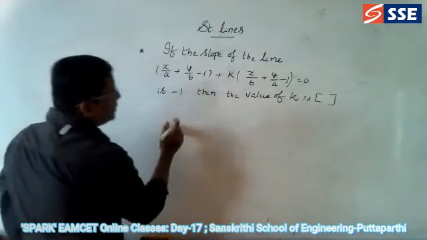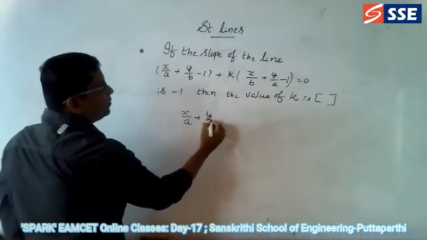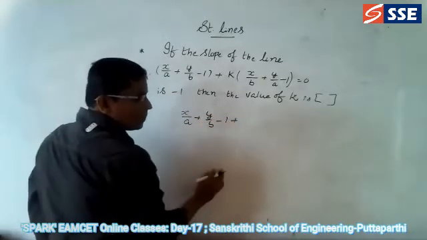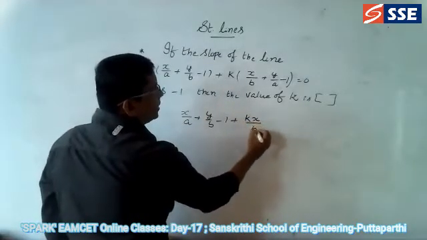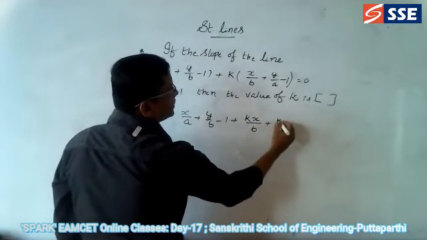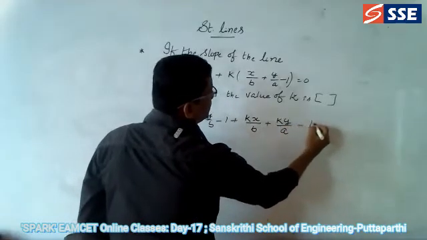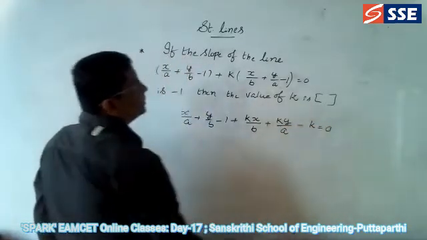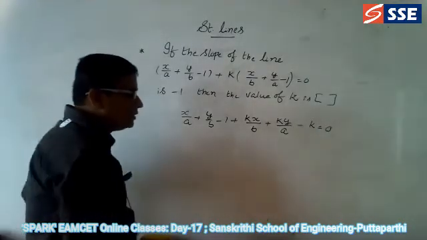After simplifying, what you are going to get? x by a plus y by b minus 1 plus kx by b plus ky by a minus k is equal to 0.